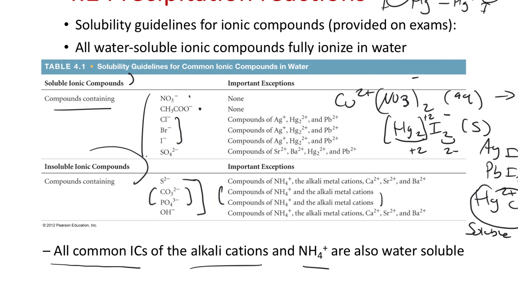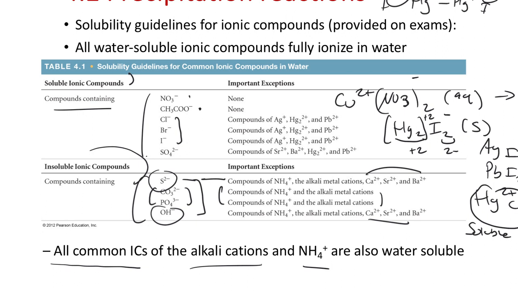And then sulfide and hydroxide, I never understood why they separate them in the book. Yet the hydroxide and sulfide, top and bottom of the chart, have the same exceptions. I don't know who came up with this chart. It's been this way for multiple editions, so somebody thinks that they should be separated. But if you notice, sulfide compounds of ammonium, alkali cations, but also calcium, strontium, barium, have the same exceptions listed for hydroxide. So hydroxide and sulfide have the same exceptions, of course ammonium and the alkali cations, but also the heavier alkaline earths, calcium, strontium, barium.